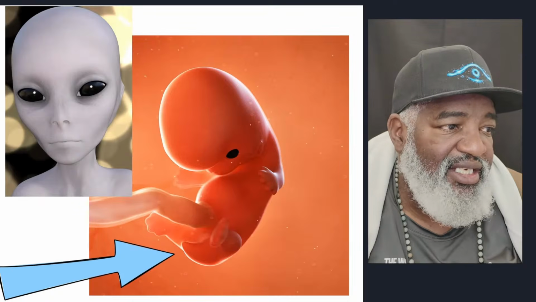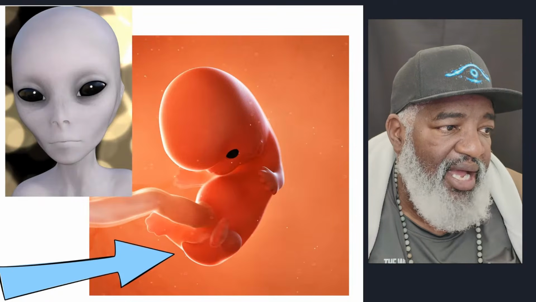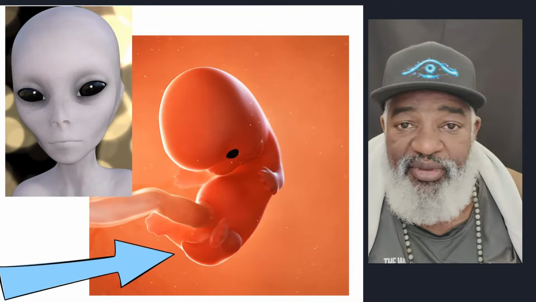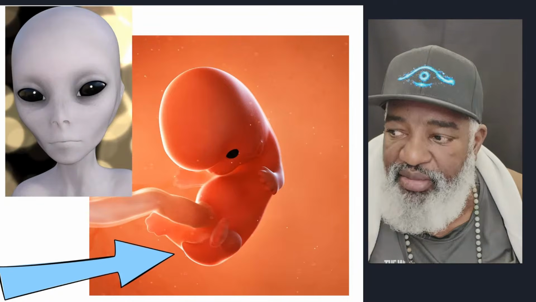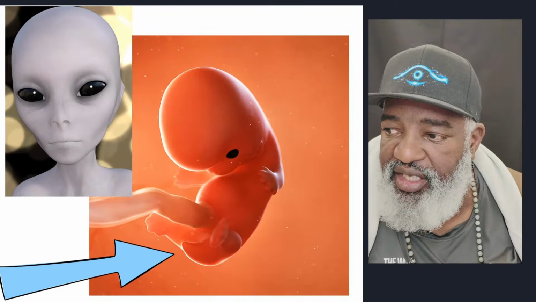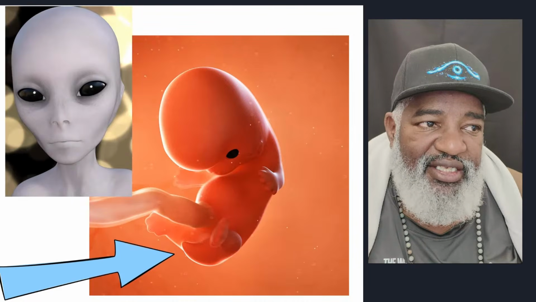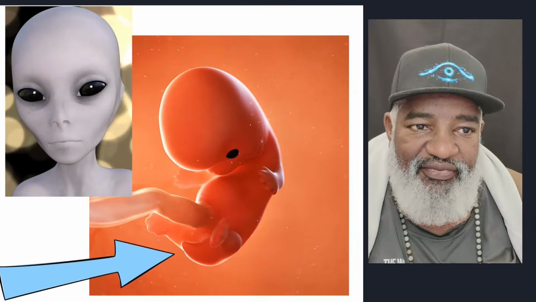Now, surprisingly enough, what we're going to be talking about is the fact that I'm just going to let the cat out of the bag, people. These are humans. These are humans, okay? I just want you to know this is a human fetus.